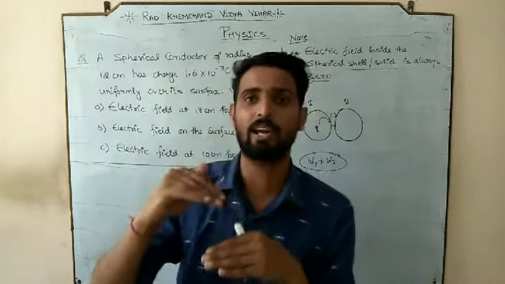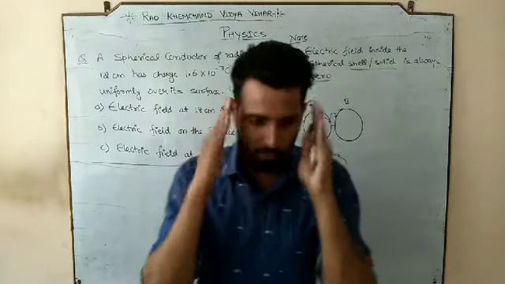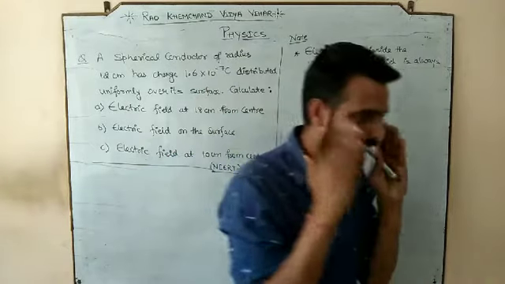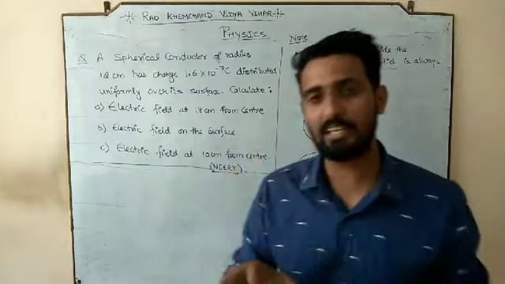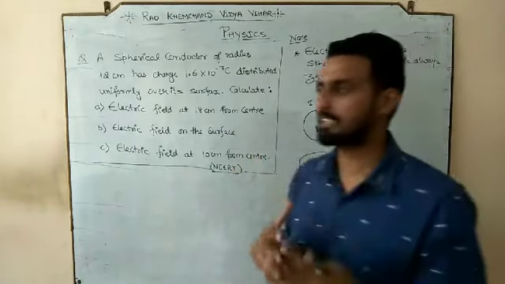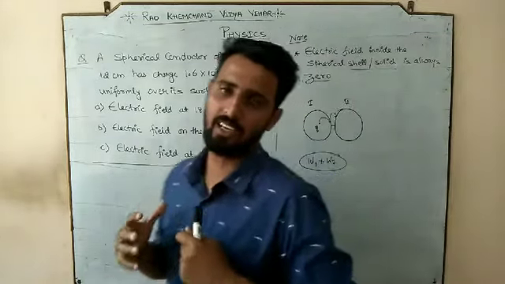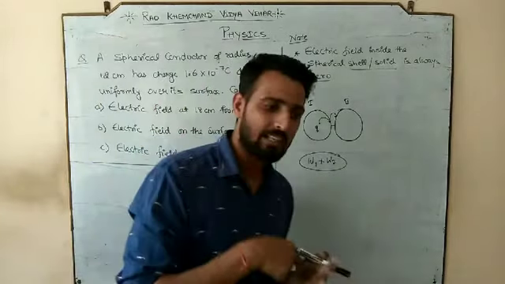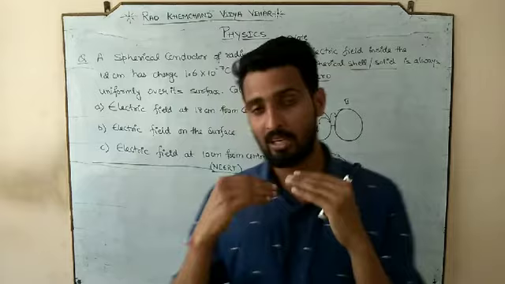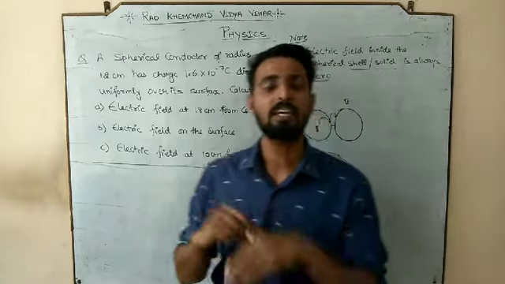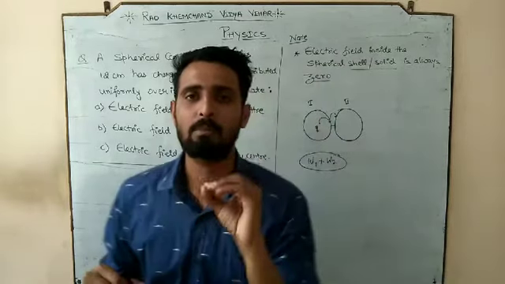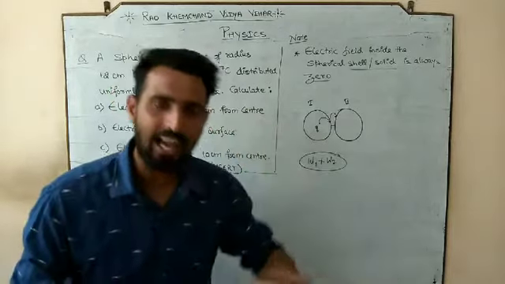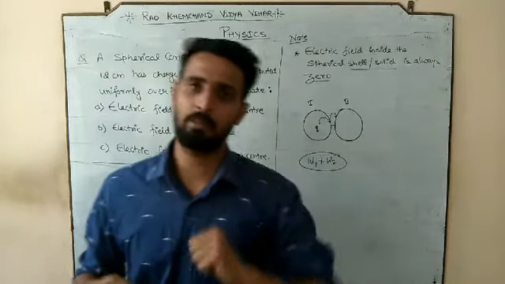Stable means low energy. So if we want any charged body to be very stable, if we want it to be as stable as possible, the energy inside it should be minimum. And if you require that energy should be minimum, it means the amount of work that the body has to do should be the minimum.